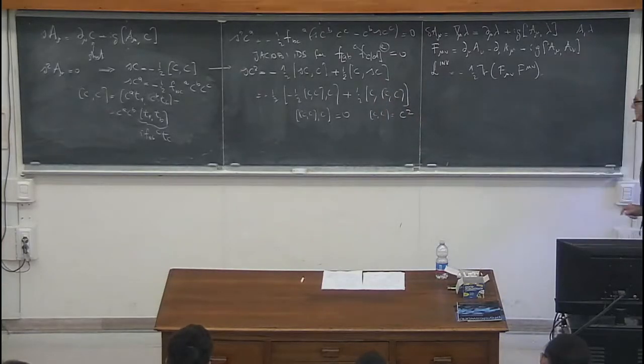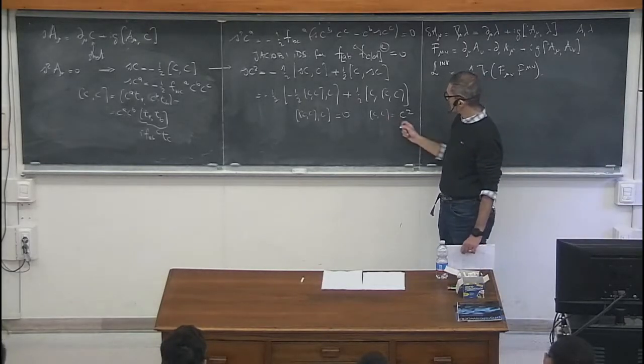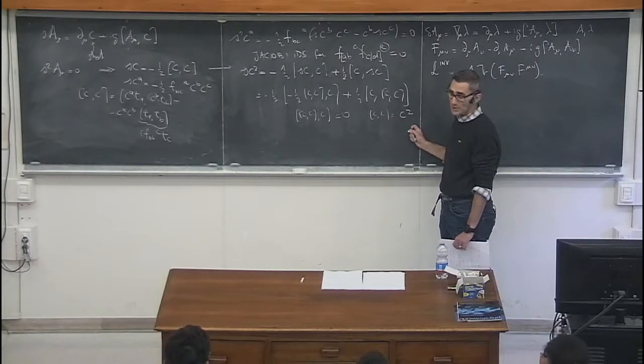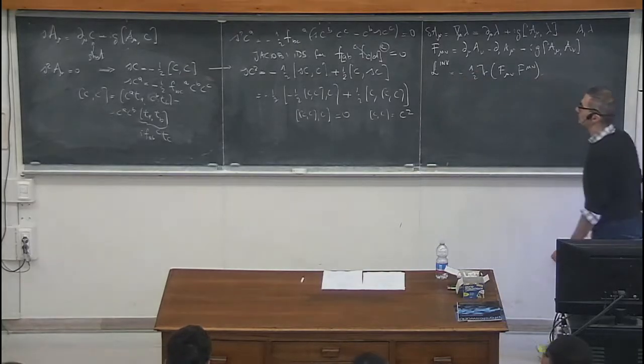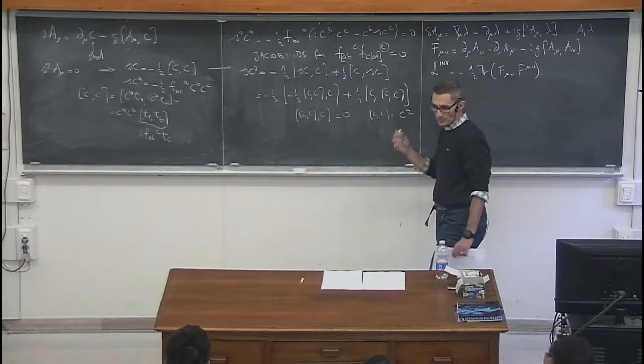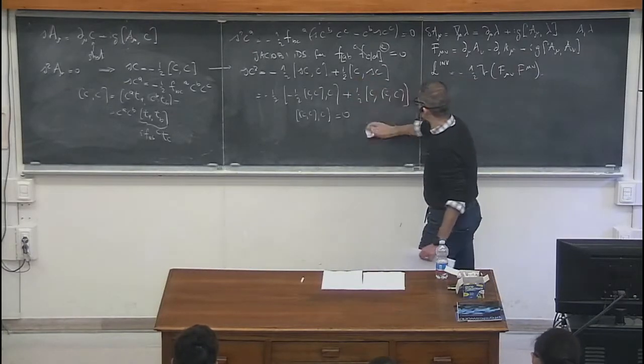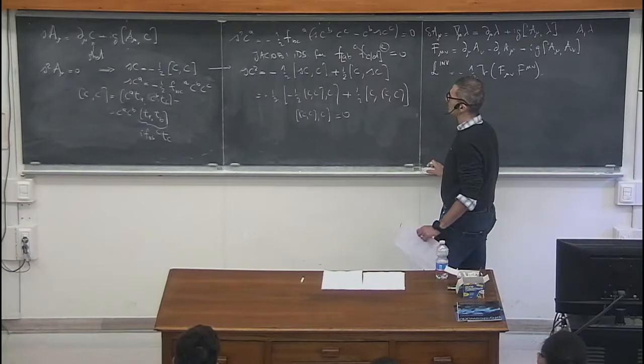I found a little bit minimal expressions, but in some books you find this expression altogether, and the double commutator is just a C cubed. But anyway, I'm not going to use it. In some books you also find this notation.